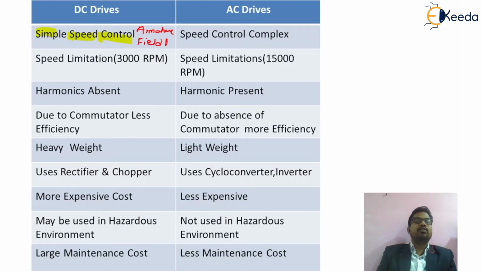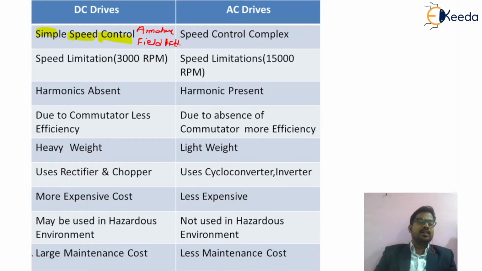These control techniques are quite simple, so we can consider them simple speed control methods of the DC drive. But while we are discussing the AC drive, the speed control is quite complex.